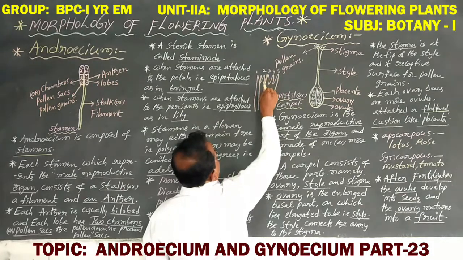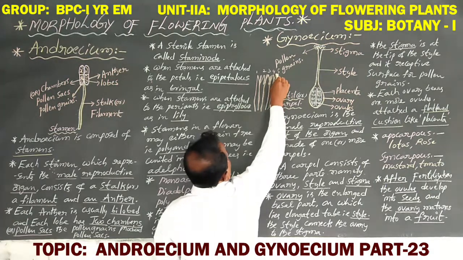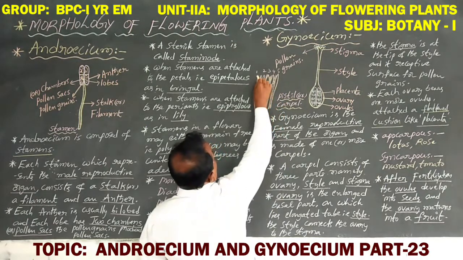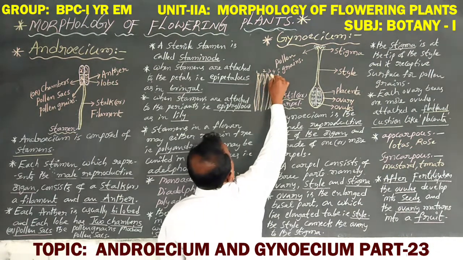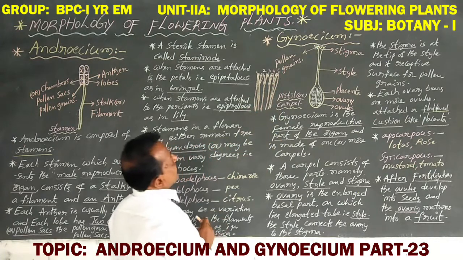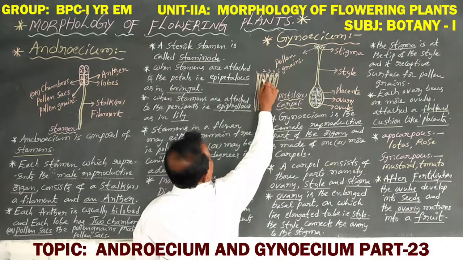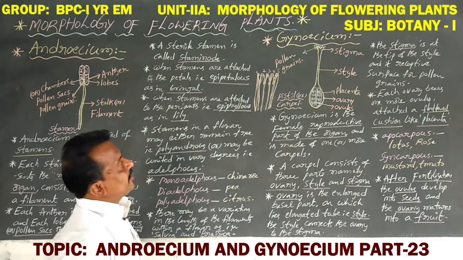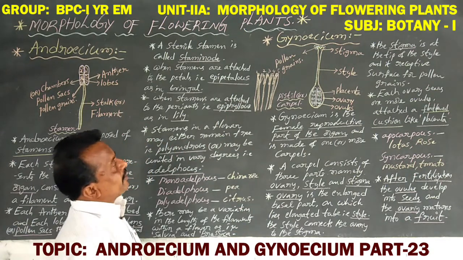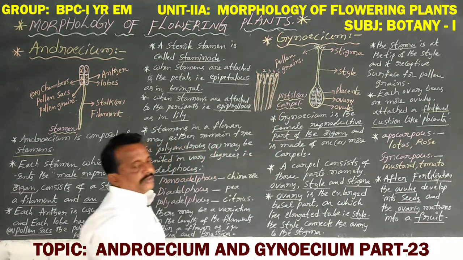How many stamens are here? 5 stamens: first, second, third, fourth, and fifth. So 5 stamens are attached to the 5 petals. That is epipetalous.